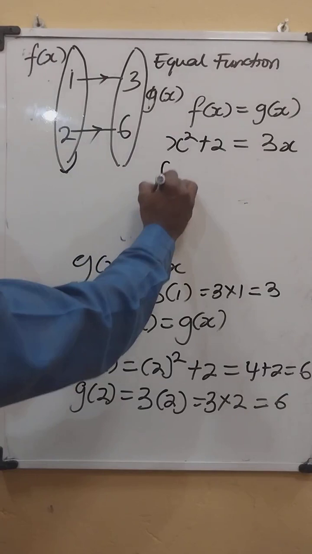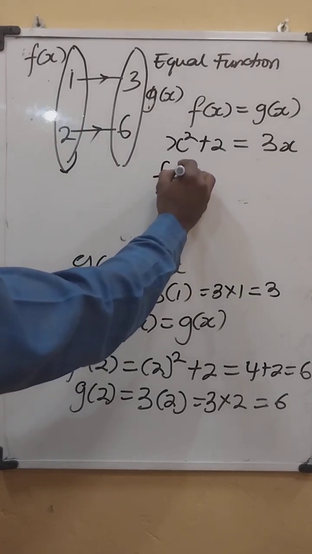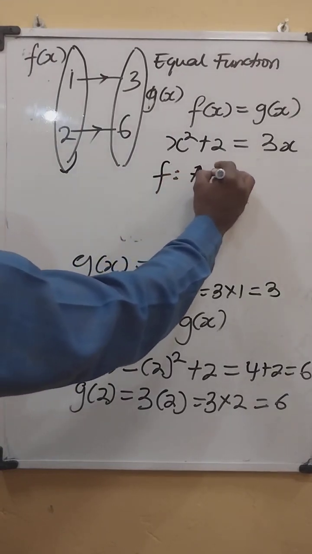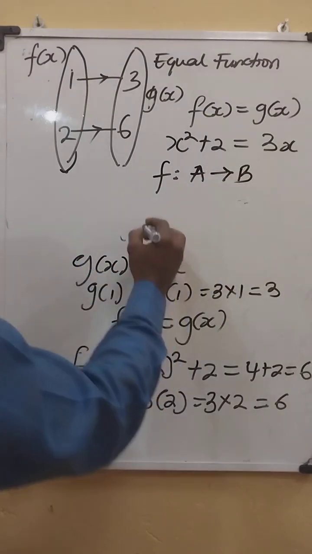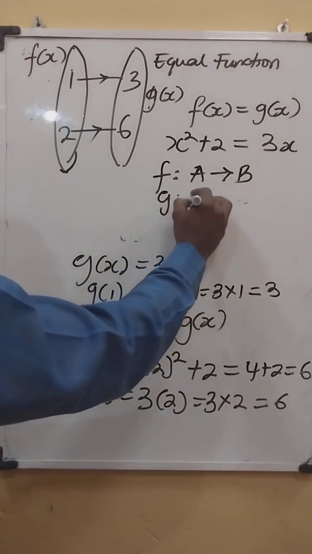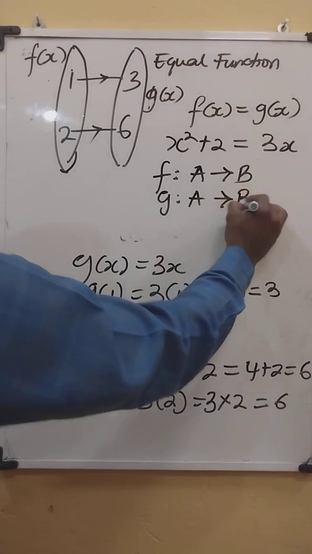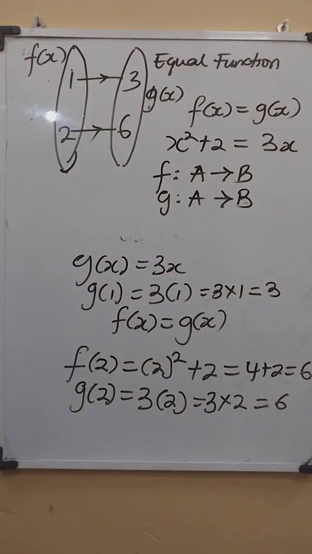You are going to write it this way: f mapping A to B, and then g is mapping A to B. That's how it is written. Very beautiful mathematics, very sweet. I even like this equality. The equality will even make it very easy for you.